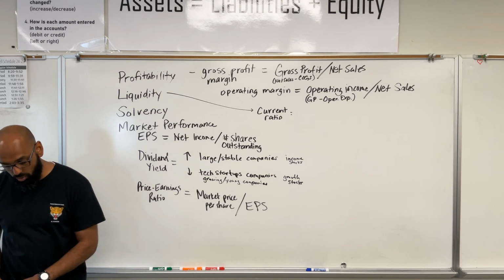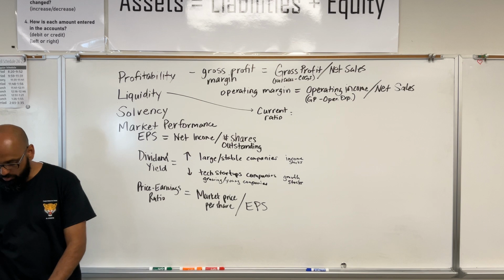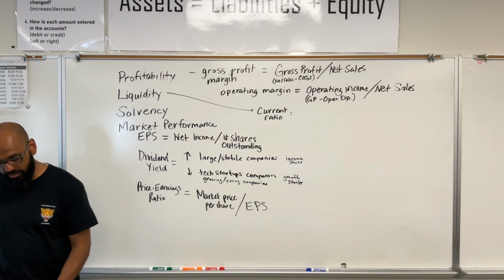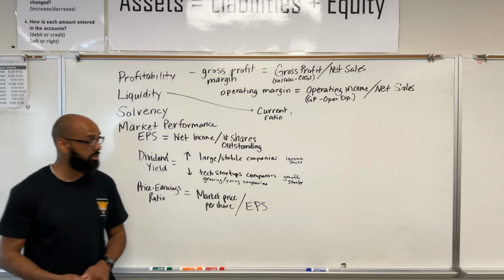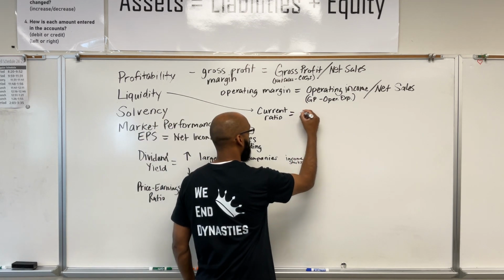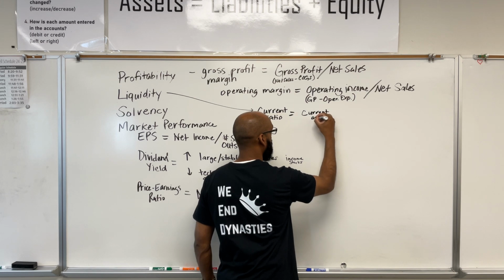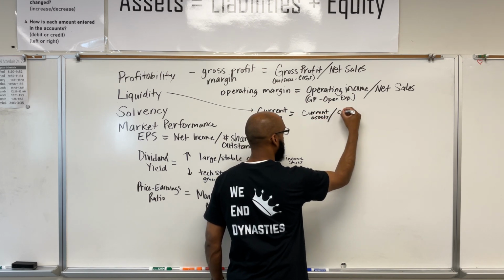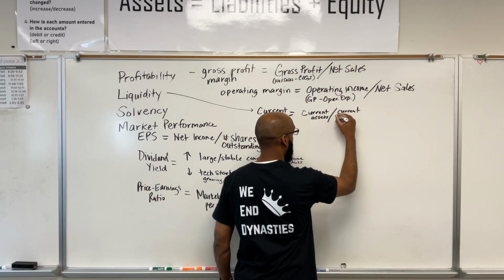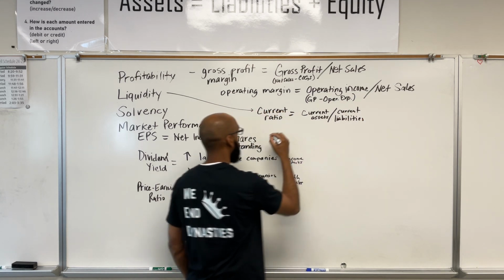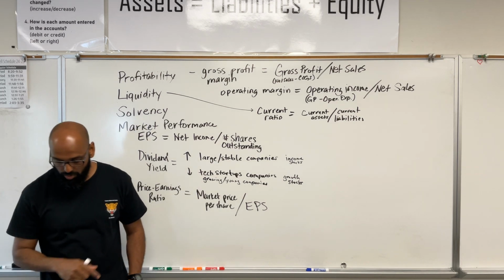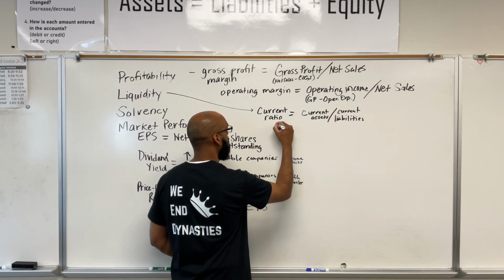This includes inventory, which can skew the ratio if you have an excess of unsold goods. So your current ratio is your current assets divided by your current liabilities. And then another liquidity ratio would be your quick ratio.